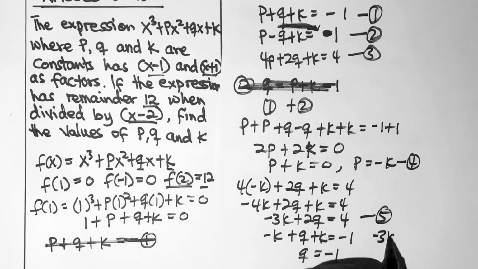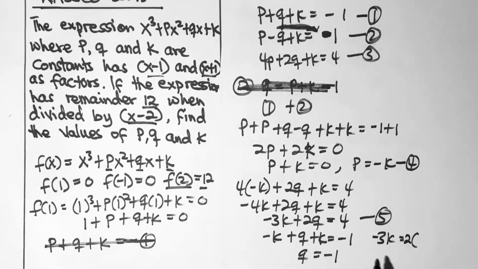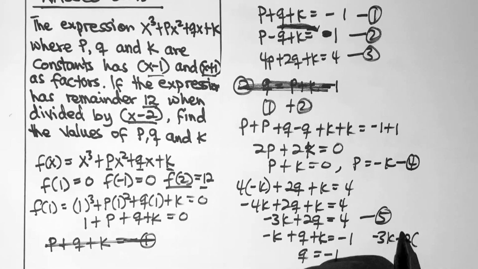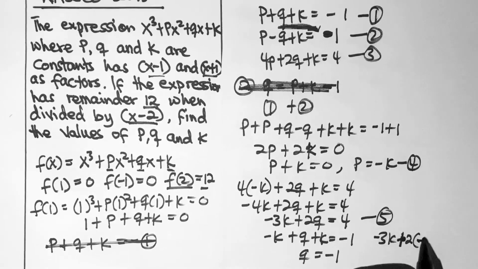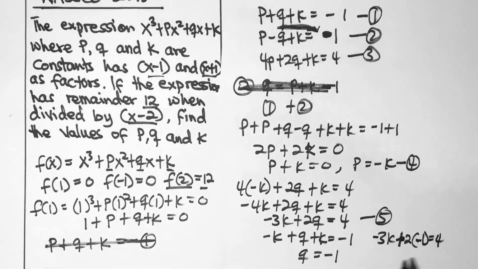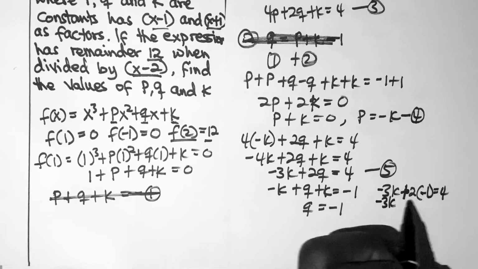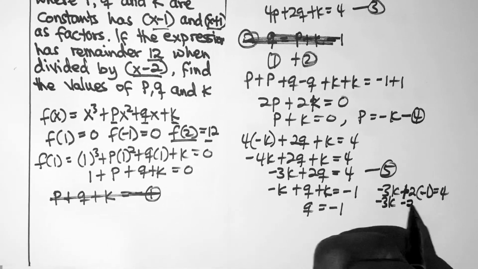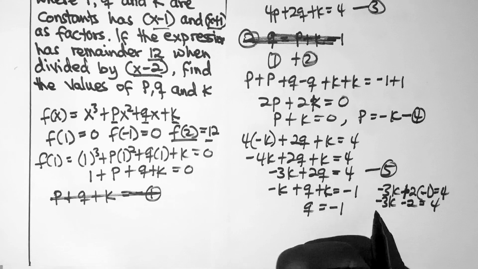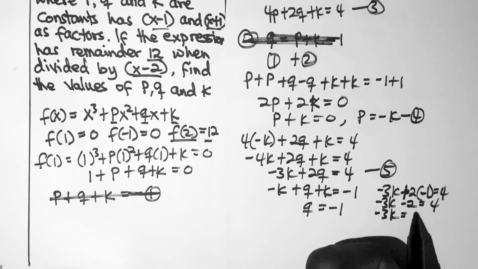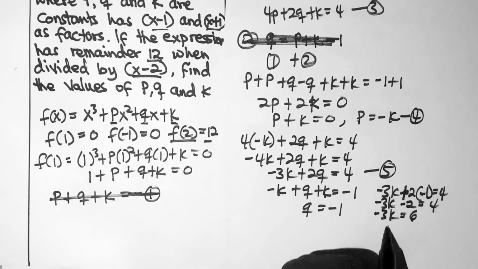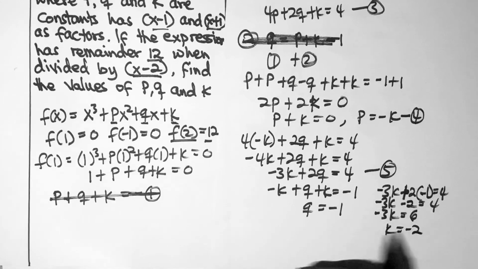So minus 3k plus 2 times q, which is minus 1, is equal to 4. So minus 3k, then 2 times minus 1 is minus 2, is equal to 4. So minus 3k is equal to 4 plus 2, which is 6. And therefore, k is equal to minus 2.